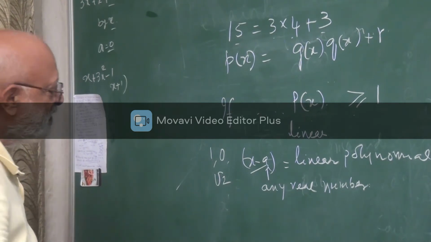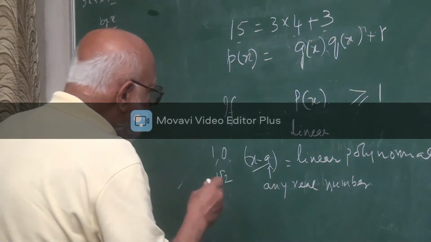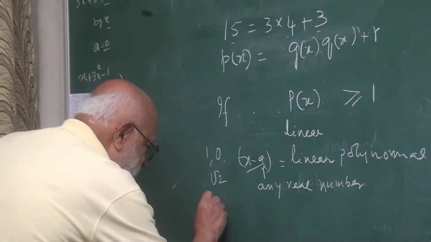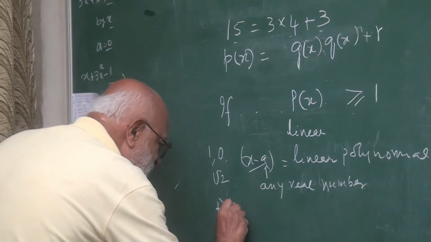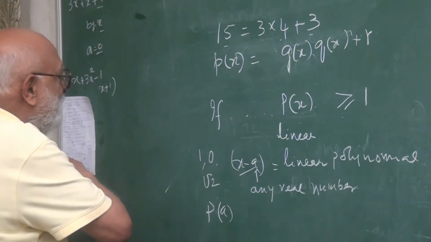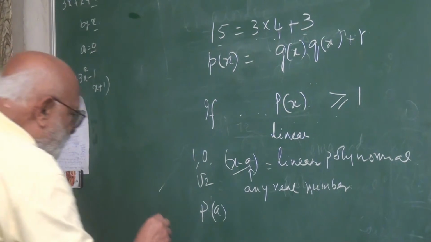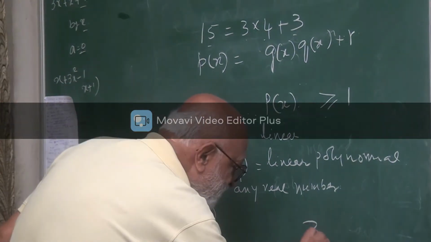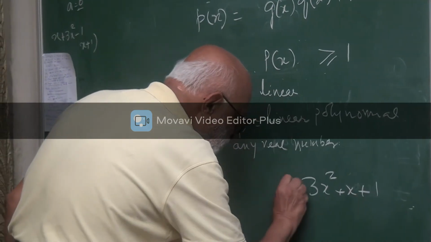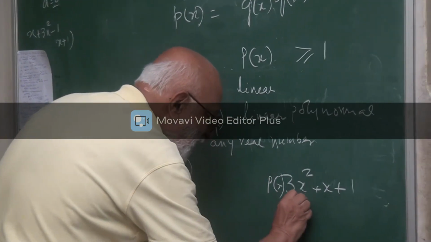If I now substitute this a in p(x), what is the meaning of substituting a in p(x)? Say, for example, if I take 3x square plus x plus 1 as the polynomial p(x), then I put a everywhere.